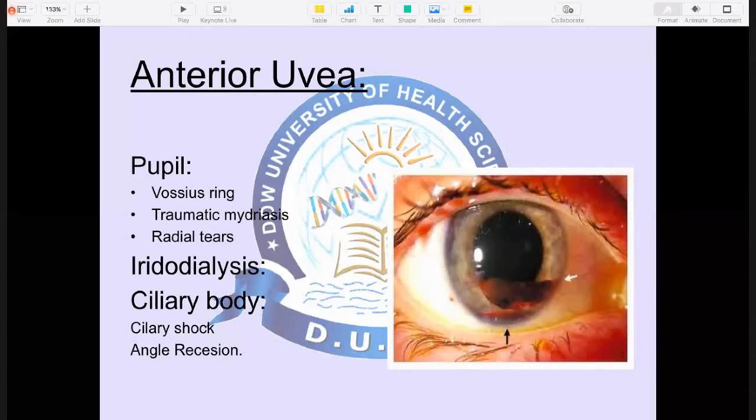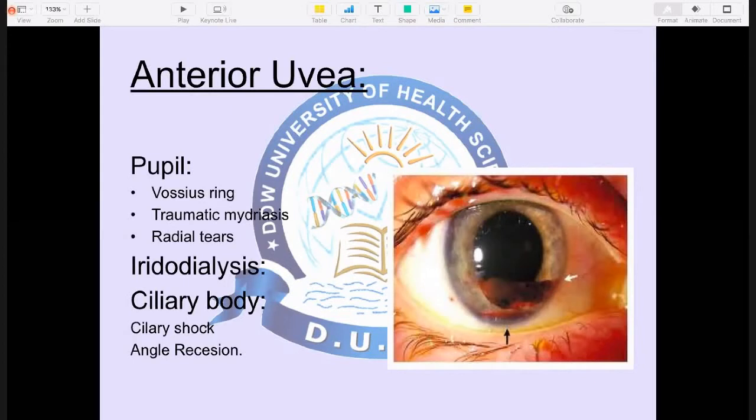So I have comments coming in from you guys. Basically, that white arrow is showing a foreign body. You know, that brown irregular shaped structure that you see, that is actually a foreign body. It's gone in through a corneal laceration and is now being found in the anterior chamber. And that black arrow below is showing blood in the anterior chamber. And another name of it is hyphema.